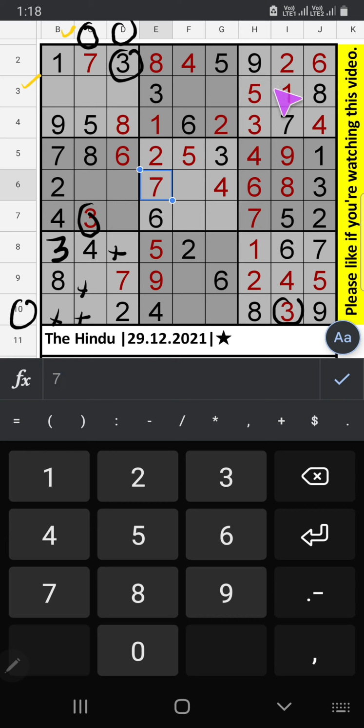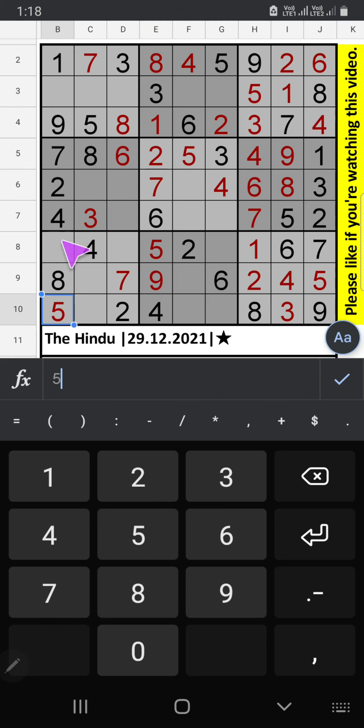Third row we have 5, so it can't come in this cell. 5 will be here, then 6 will be here. We have 4, so it can't come in this cell. 4 will be here. Then in this grid, one number is remaining, 2 will be here.